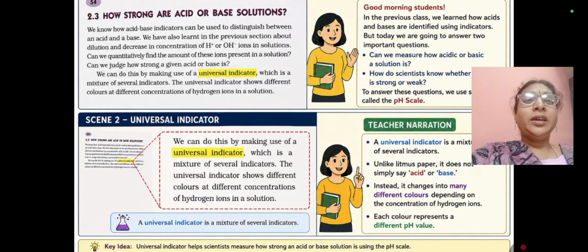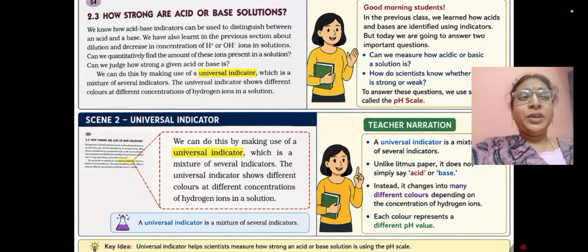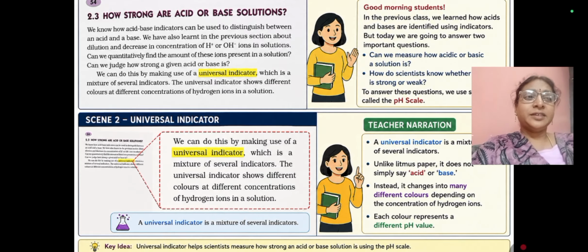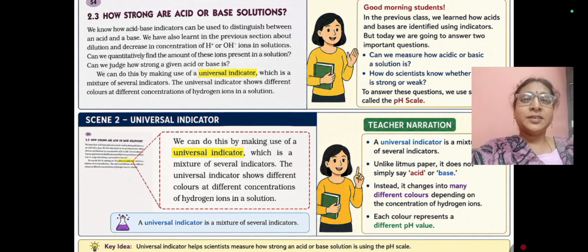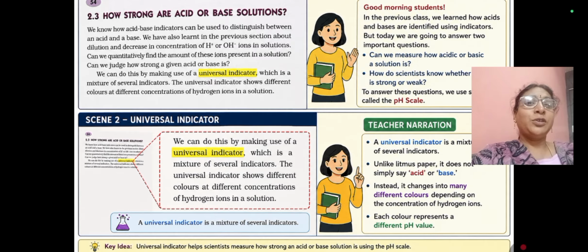Can we quantitatively find the amount of these ions present in the solution? Can we judge how strong a given acid or base is? We can do this by making use of a universal indicator, which is a mixture of several indicators. The universal indicator shows different colors at different concentrations of hydrogen ions in a solution.